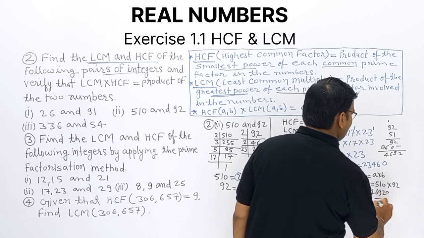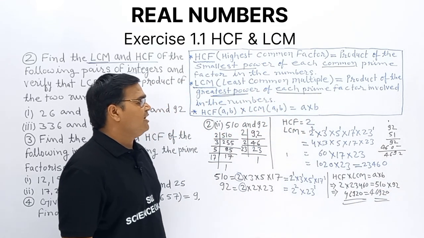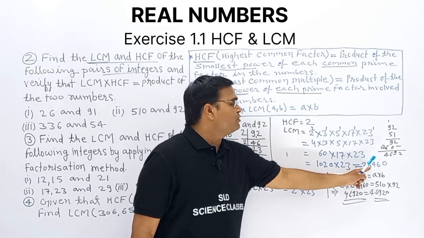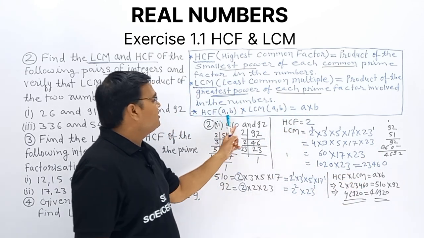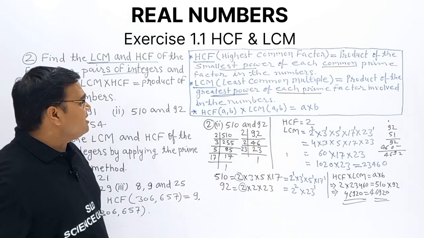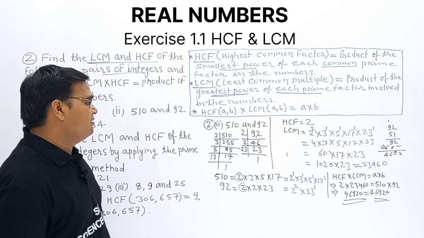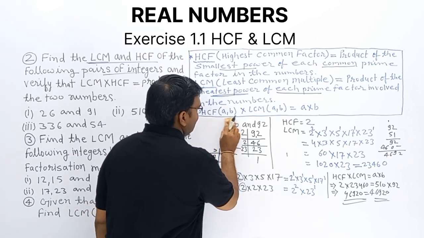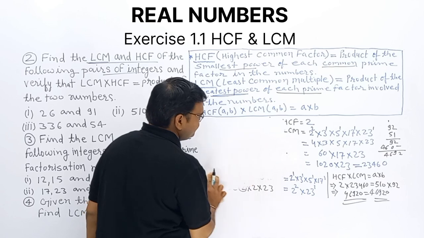Left hand side is equal to right hand side, so we can say HCF is 2 and LCM is 23460 for the given two numbers. So this is the process of finding LCM and HCF of two numbers, and we also verified and checked this for these two numbers.